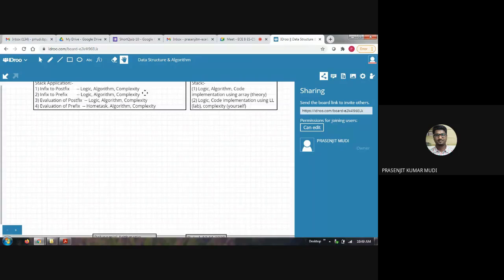One group has already implemented how to evaluate postfix. Today B2 will do the same evaluation of postfix expression with program code implementation, and that is your first assignment. Your second assignment will be infix to postfix or prefix conversion. For all four, you have to understand the logic, write the algorithm, implement the code, and analyze the complexity.